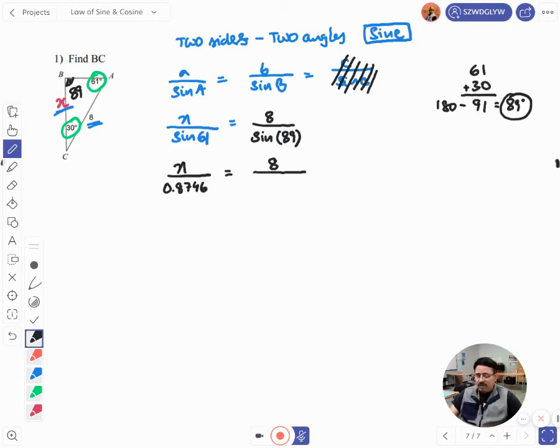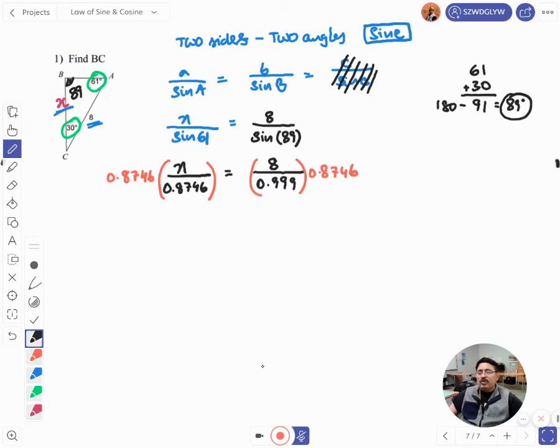Sine 89 is 0.999. You know how to isolate the variable. In order to cancel out, we multiply 0.8746 on both sides.